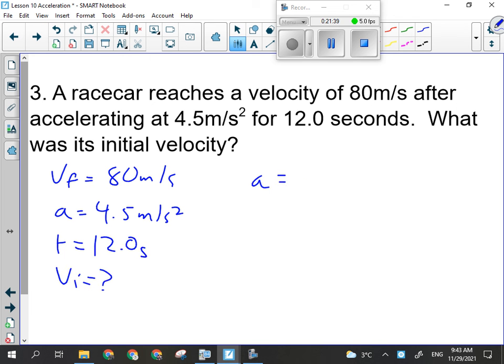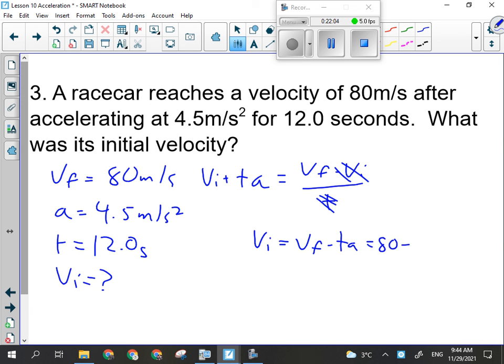So a equals (vf minus vi) over t, okay, and we're solving for vi. So I'm going to first multiply both sides by t, then I'm going to add vi to both sides so that it comes out positive, and then I'm going to subtract t times a over to the other side. So we'll have vf minus t times a equals vi, so that'll be 80 minus 12 times 4.5.